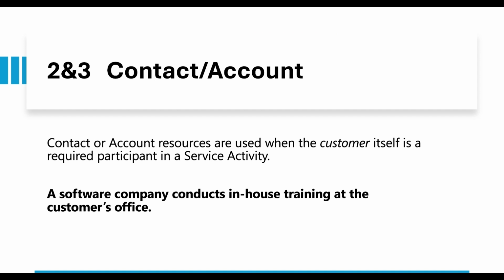But sometimes when the customer is also part of delivering the service, at that time we require content and account kinds of resources. For example, a software company conducts in-house training. Although the trainer comes from the service provider's side, the participants are from the customer side. So use of content and account resources is rare, but the functionality is available in the system.